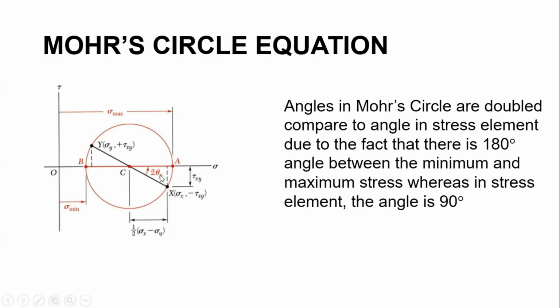So kapag ilalabas natin yung angle na nakuha natin dito sa Mohr circle papunta sa stress element natin, kailangan natin itong i-divide by 2. And kapag magpapasok naman tayo ng angle mula sa stress element papunta dito sa Mohr circle, kailangan naman natin itong i-multiply by 2.